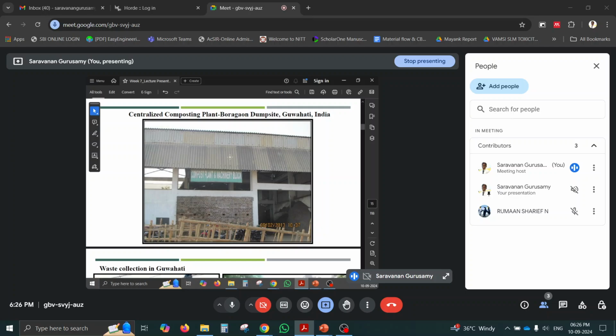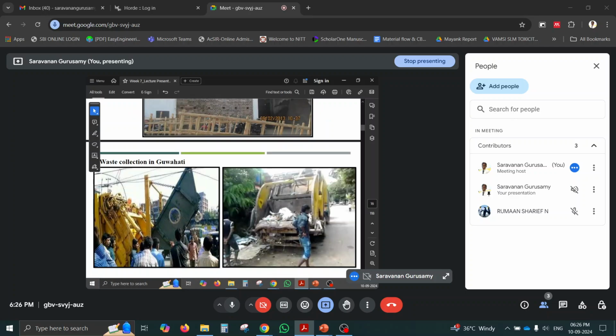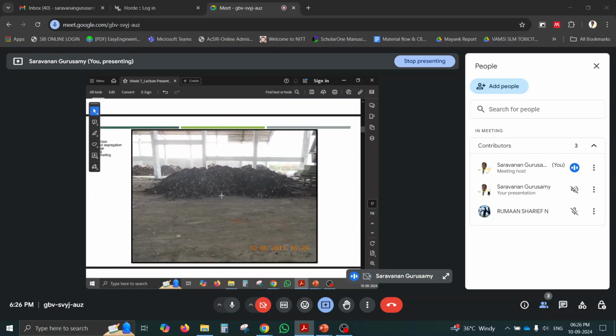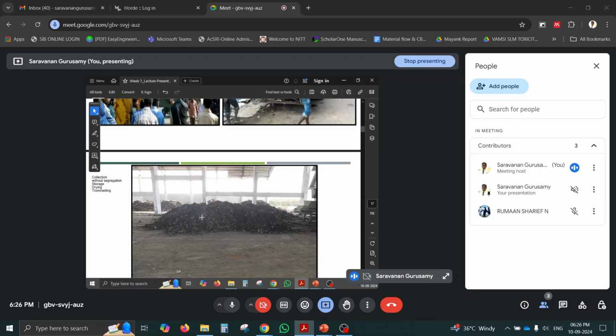So you can see one of the compost plants in Guwahati, in the Boragaon dump site. First they collect the waste, and the unsegregated waste will be kept in the place, because if there is door to door collection and segregated waste is there, then only the organic waste can easily go to the micro composting plant.